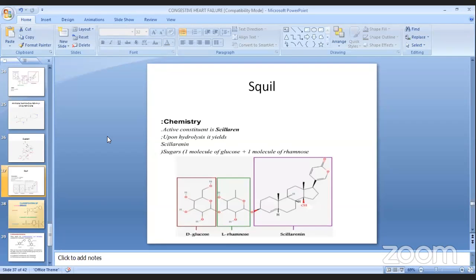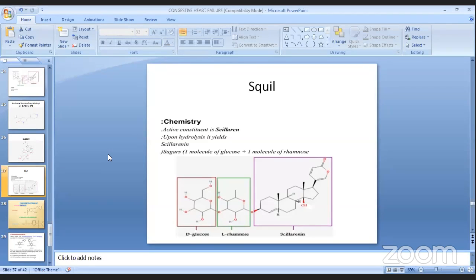So if I ask you what is the difference between squill, that is squill containing bufadienolides, and cardenolides like digitalis, digoxin, you see there are a lot of differences.